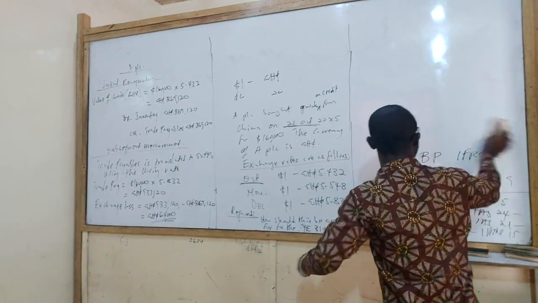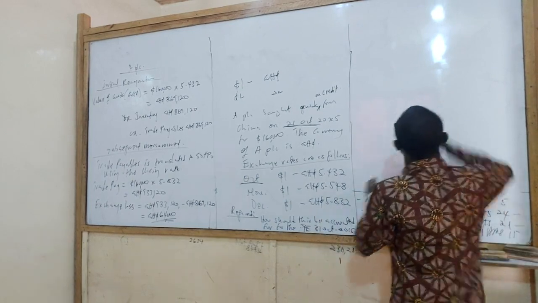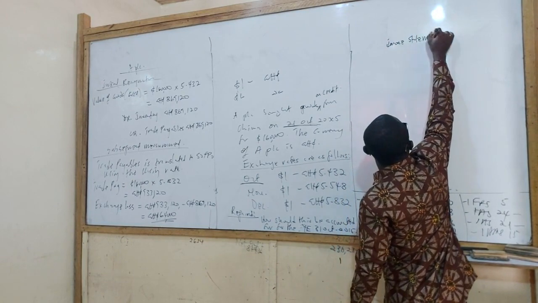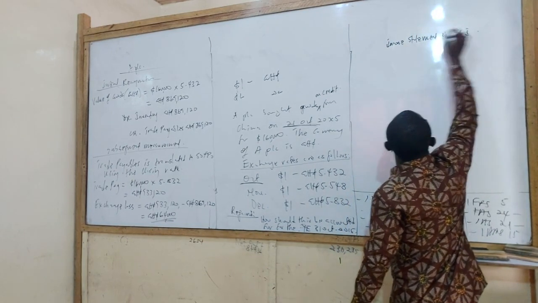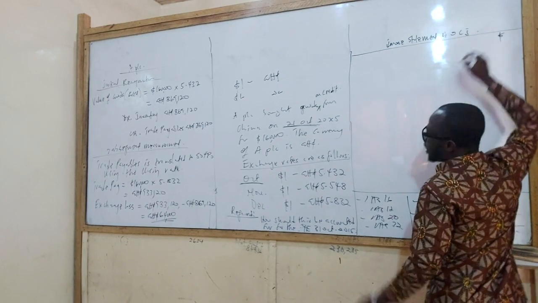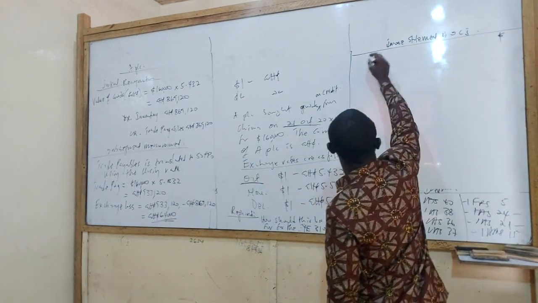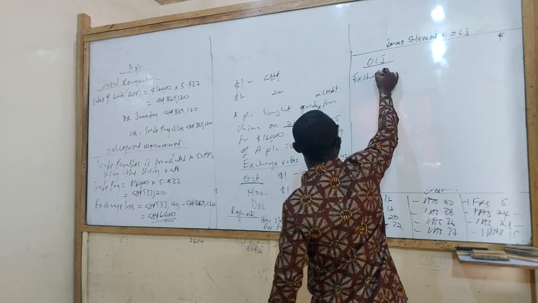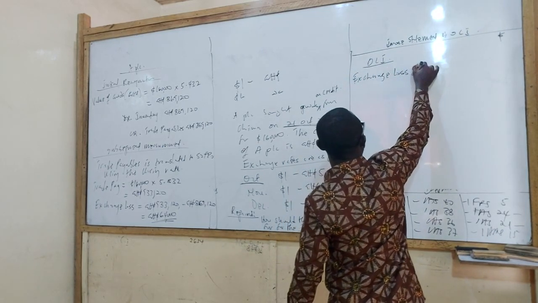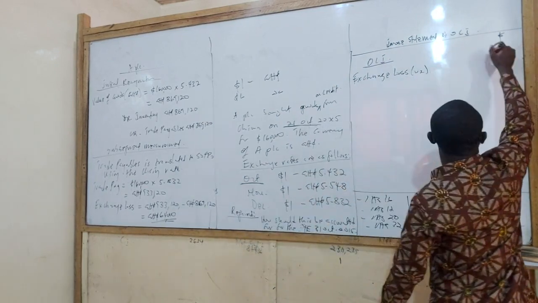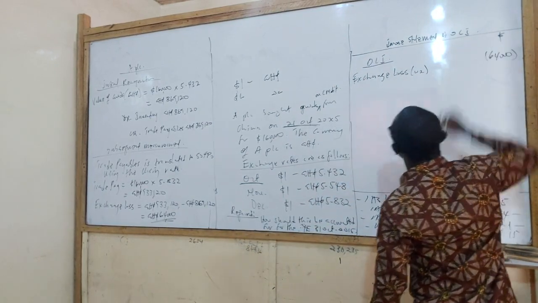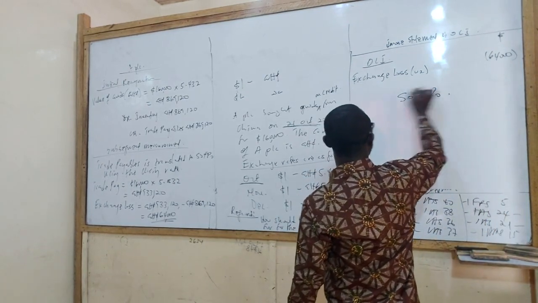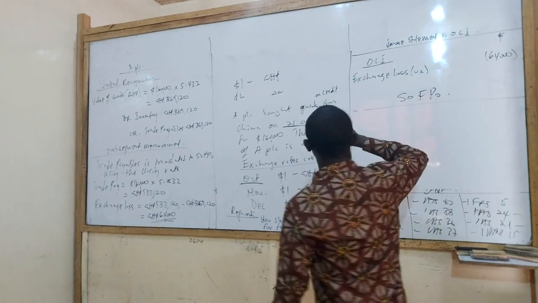So now we prepare our extracts. In the income statement and OCI, since it is one transaction, we'll go straight to OCI and bring in the exchange loss. From our workings, that's 64,000. Then when we go to the statement of financial position, two things are going to be there.